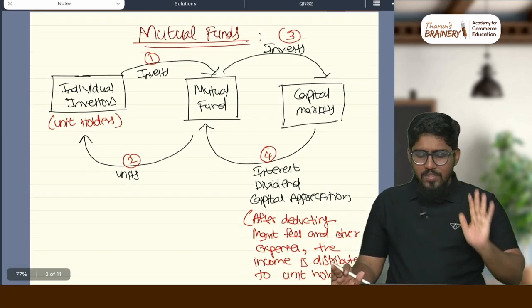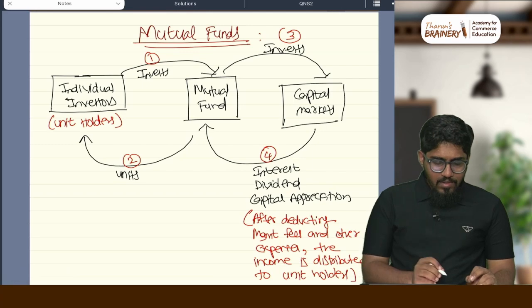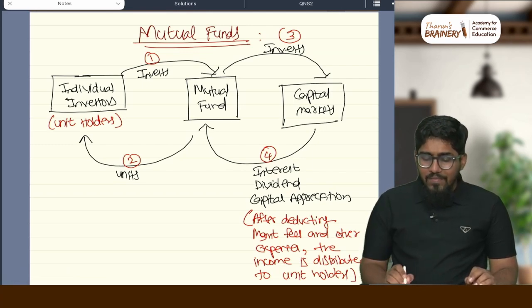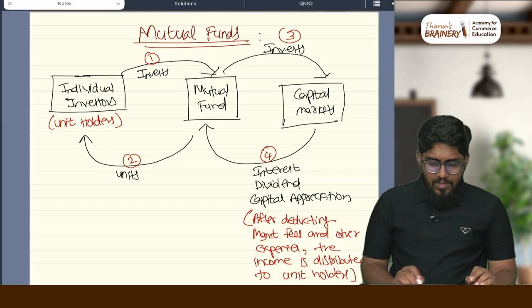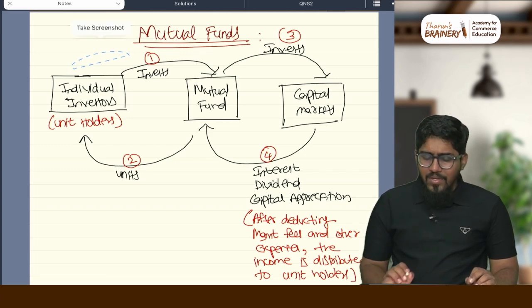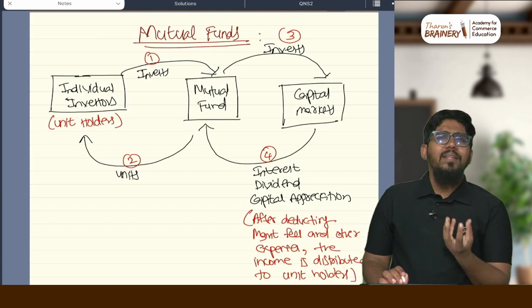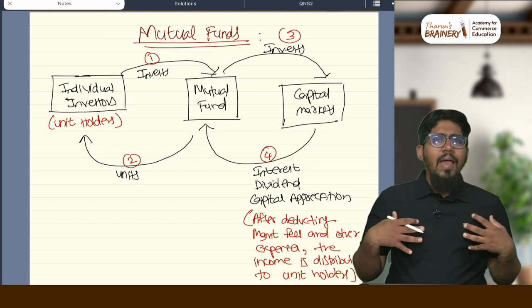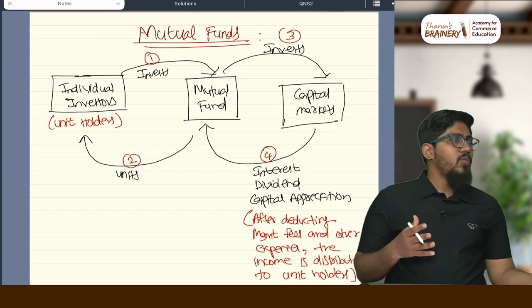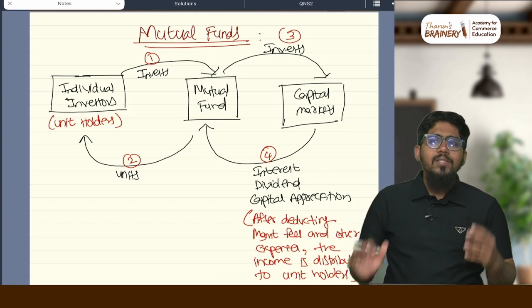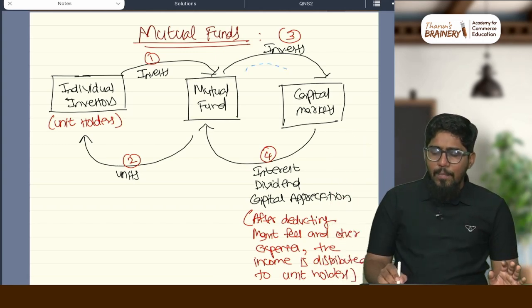Sir, mutual funds. What is a mutual fund, sir? Individual investors will invest in the mutual funds. And a mutual fund is what, sir? It is a trust. So for example, I am a trust, and I am going to take contributions from individual investors, and in return I am going to invest in the capital market.